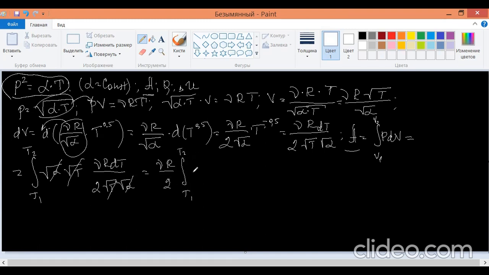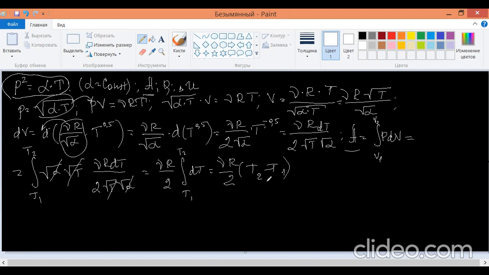It's very good because it's easy to work with. So we've got this formula: nu times R over 2 times T sub 2 minus T sub 1.